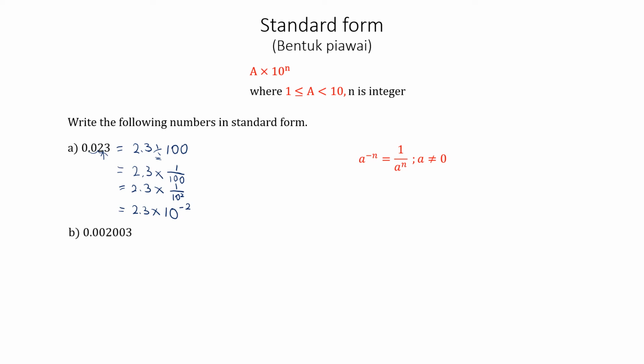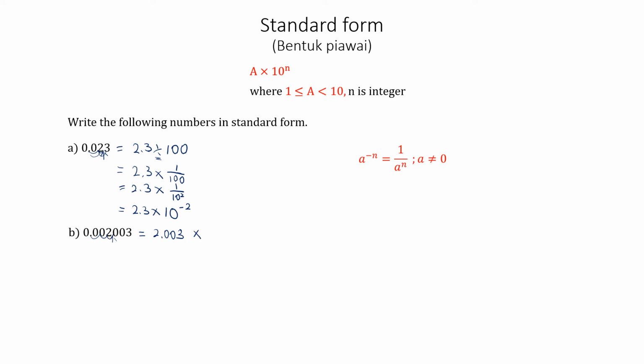And question B, this number you have to write in standard form. So the decimal I have to place here as well, 2.003. Basically, just now when I moved the decimal 2 places, 1, 2, I needed to multiply with 10 to the power of negative 2. So for this I need to move 1, 2, 3 decimal places.